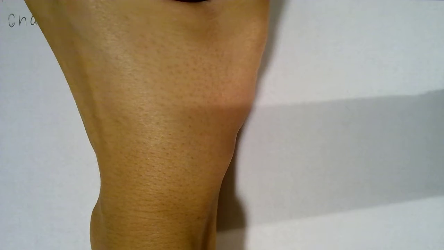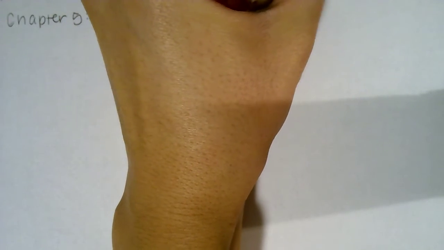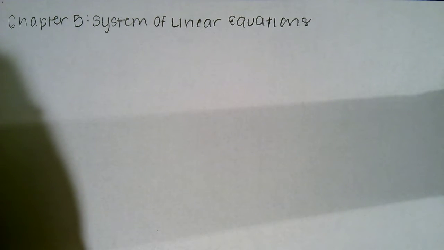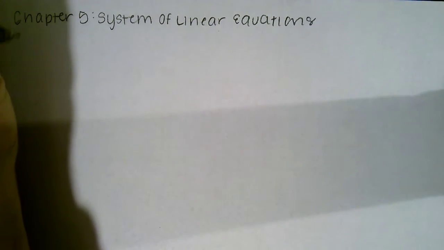So we just have a few definitions to write down before we get started, because you might be asking yourself, what is a system of linear equations? So let's define that first.